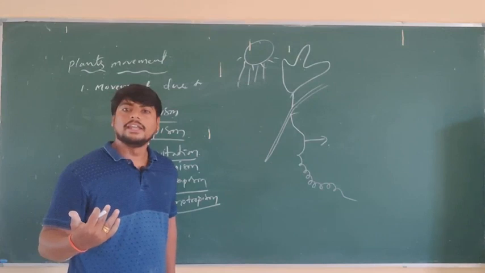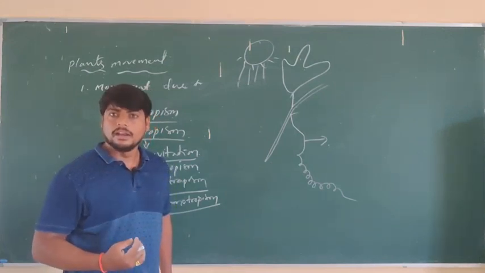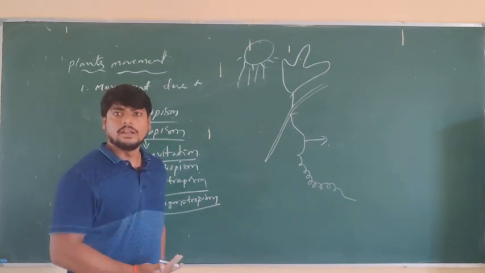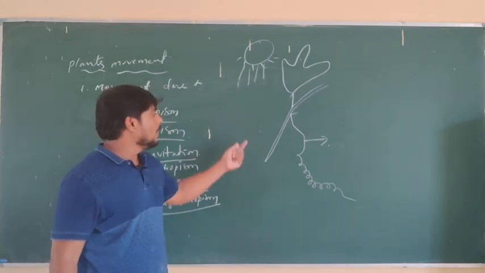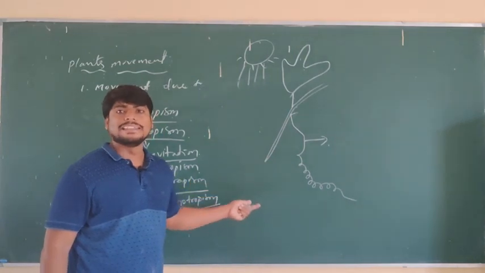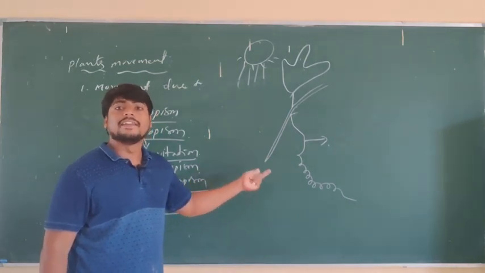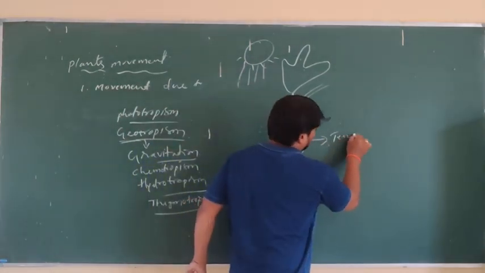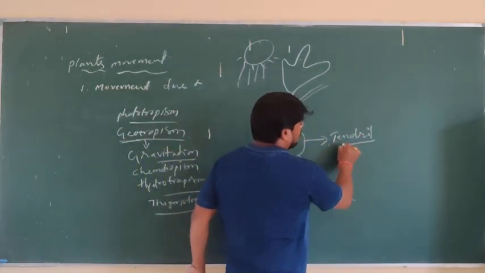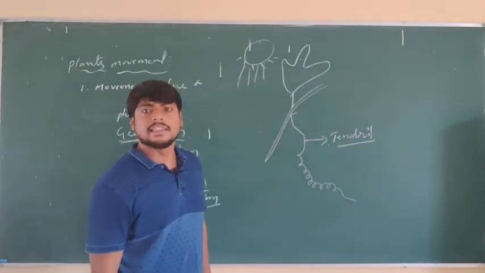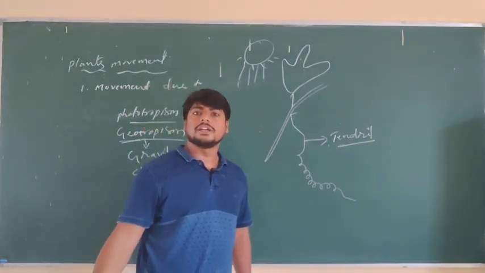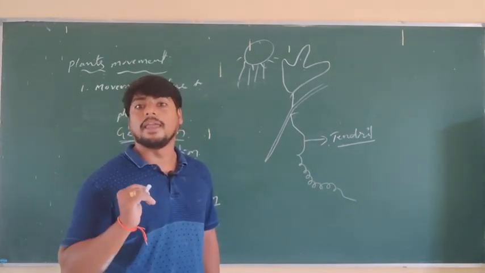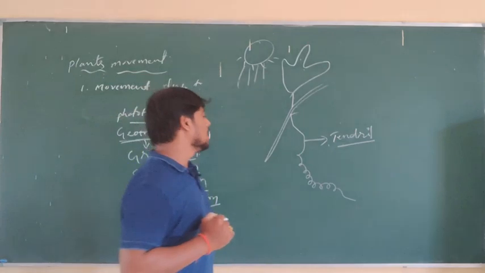As we have found in watermelon, cucumber, pumpkin, bitter gourd and ridge gourd, these plants produce thread-like structures. They are called tendrils. A tendril is a thin thread-like structure developed by creepers or climbers.